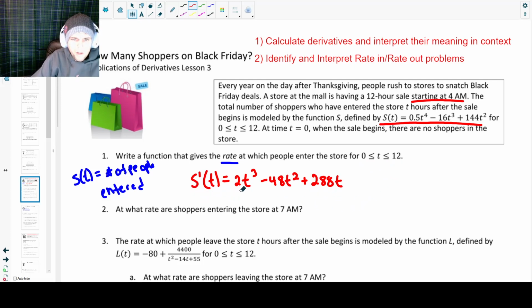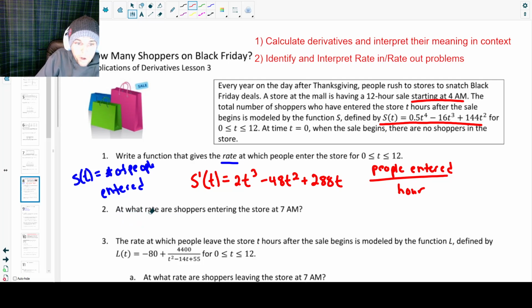So this function, S prime of t, would give us, in terms of our units, people entered, because that's what the units of S of t are, per hour. So we know that this is a nice rate function giving us the rate at which people enter the store, right? People enter per hour.